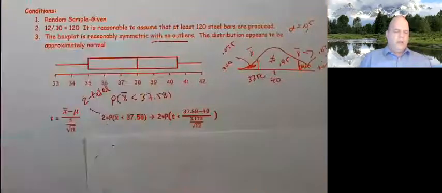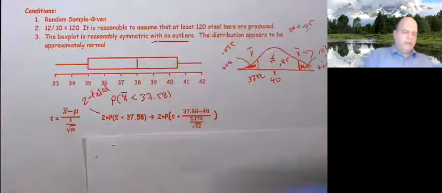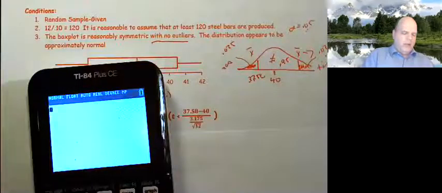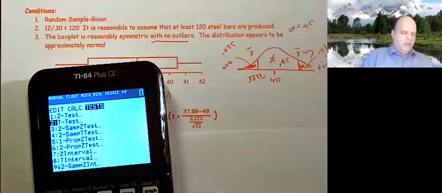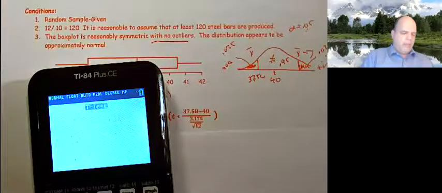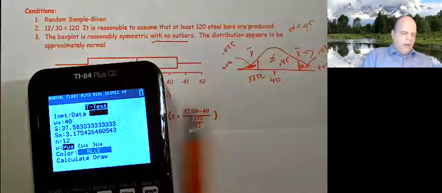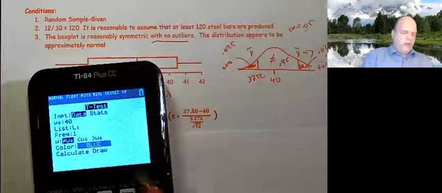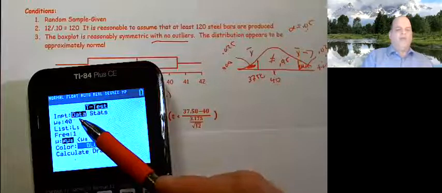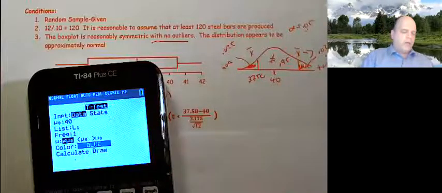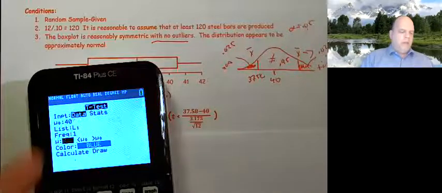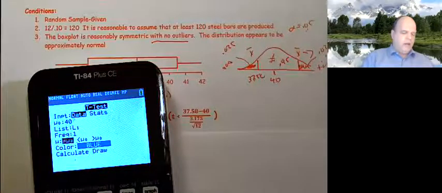So let's go ahead and run this test. Stat, Tests, T-Test. And let's go ahead and use data because we know that we have our data in L1. Our mean or our hypothesis was 40. Second one. And we make sure the not equal is highlighted.